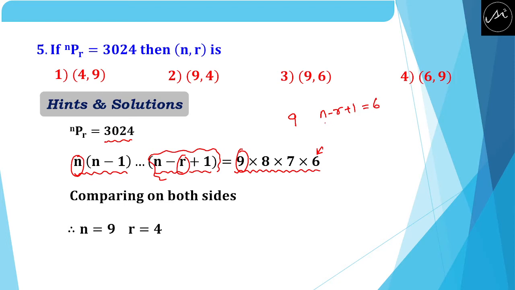So n is 9, minus r plus 1, so 10 minus r equals 6. So 10 minus 6 will be equal to r. So r will be equal to 4. So n is 9, r is 4 is the required answer. That is 9, 4 is the right answer. Clear?